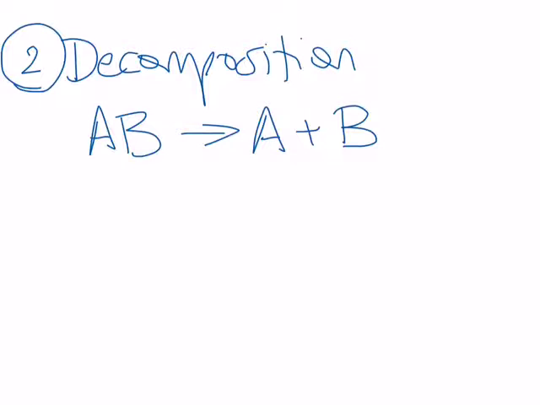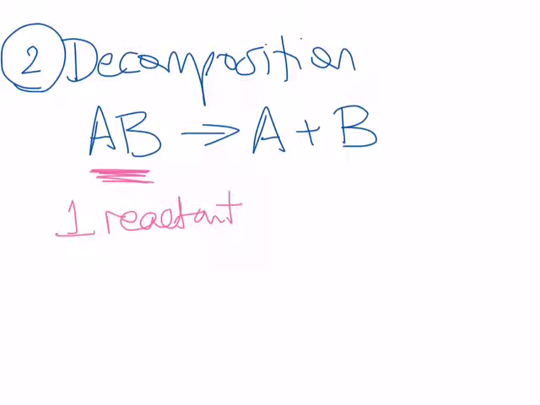So for example, we take AB and turn it into A and B. And the key identifier for a decomposition reaction is one reactant. So if you see one reactant, it is a decomposition reaction. Doesn't matter how many products, but if there is one reactant, you've got a decomposition reaction.